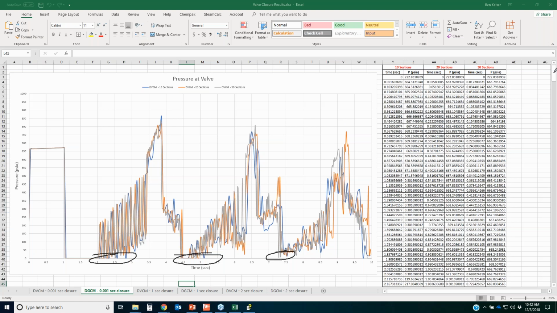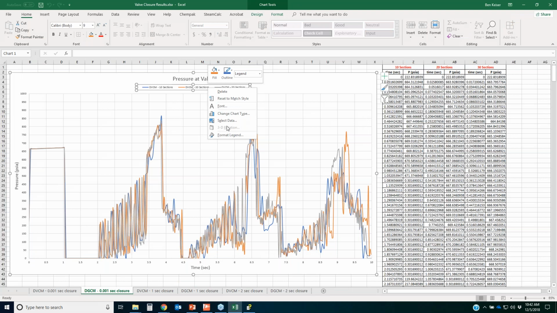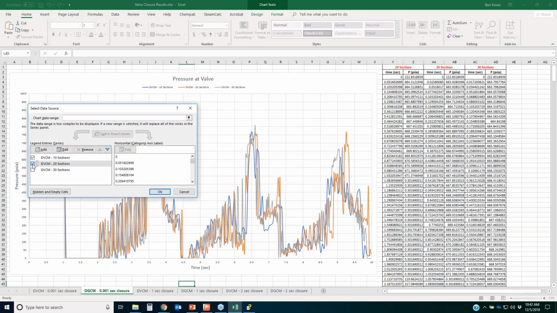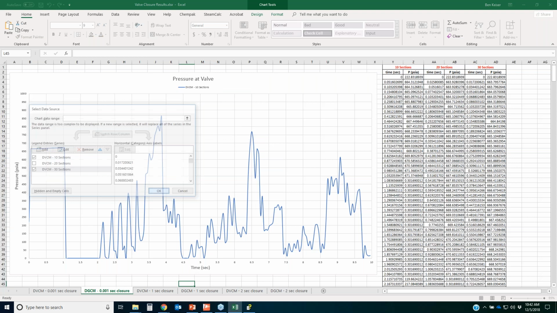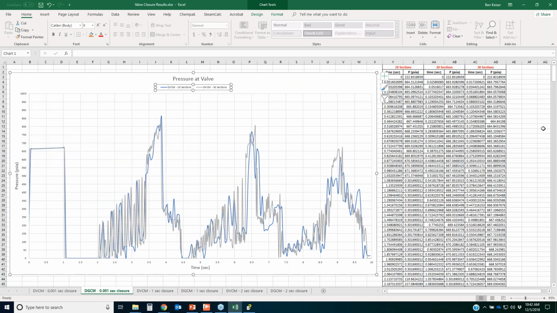So when you look at this in more detail, if I go in here and I only look at one at a time, there's 10 sections, and then here's 30 sections. So those two situations compare fairly well with each other.